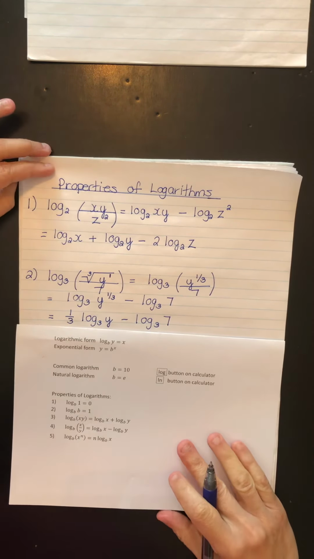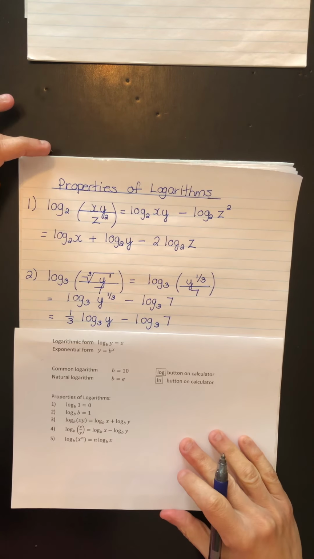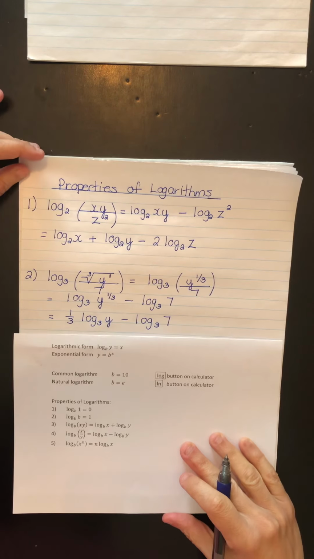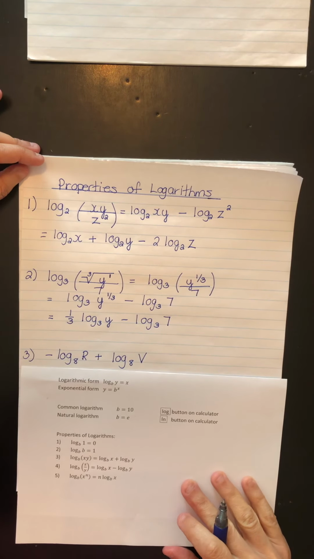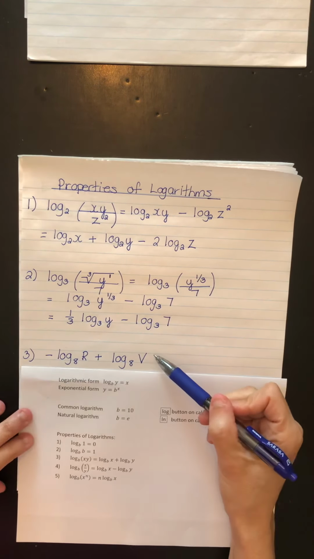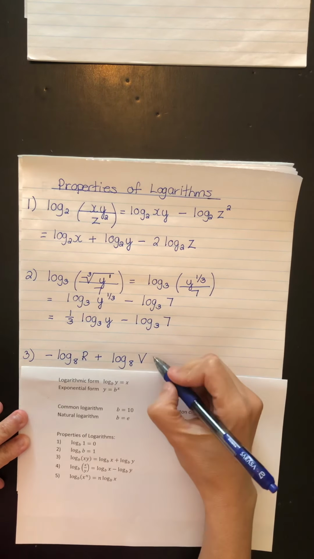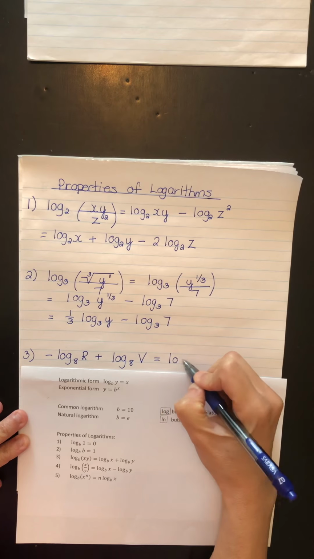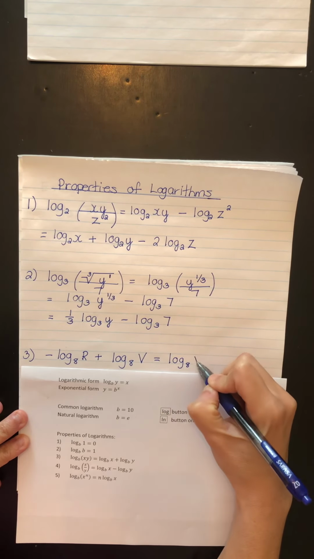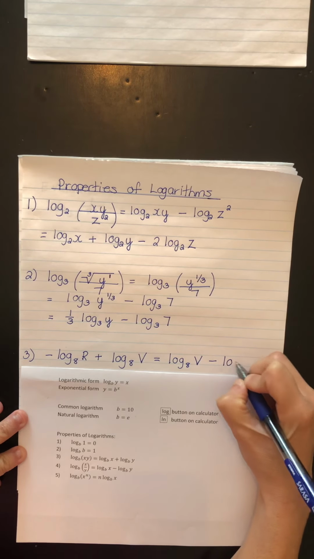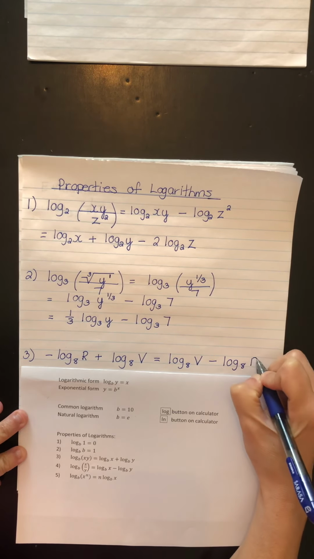Okay, the next 2 examples have us reversing the process. So our goal will be to combine the logarithms. So we'll take a look at this one. We can rearrange this first one so that the positive term is first, like this.